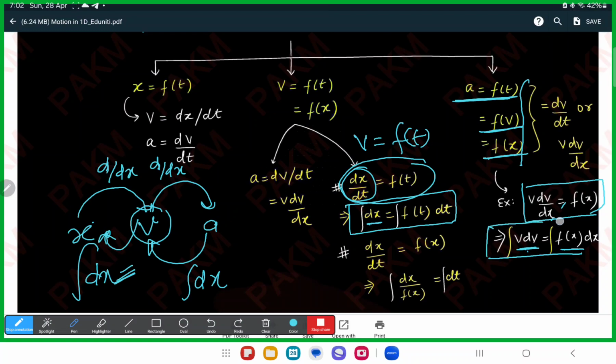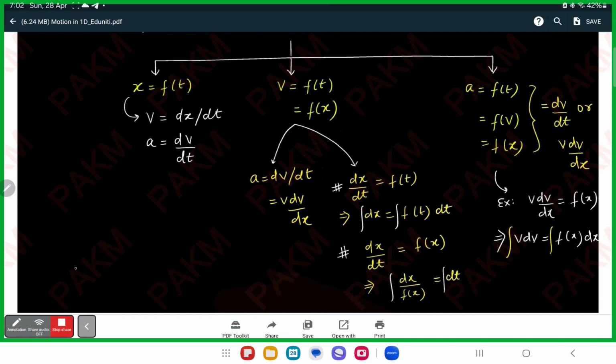This is an important formula, and a lot of numericals based on it will surely come. So please revise these various relations and functions and how we can convert them. That will decide how quickly you can solve the question.